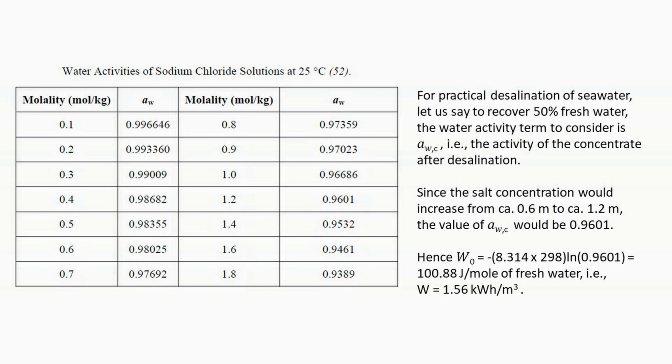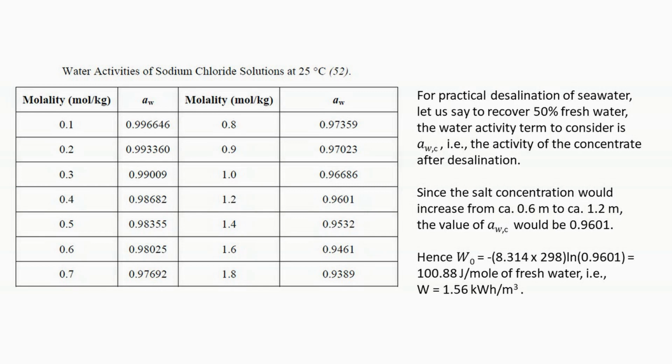Its concentration would increase from around 0.6 molar to around 1.2 molar, right? Now you can see that the water activity value would then be 0.9601. So we need to put in this value in the W is equal to minus RT ln AW equation, where AW is now replaced with AWC.